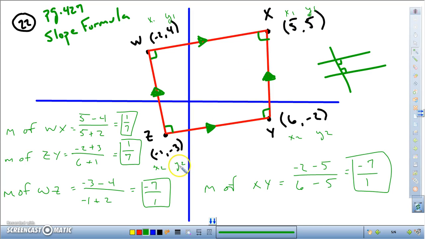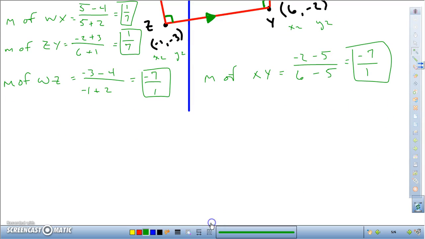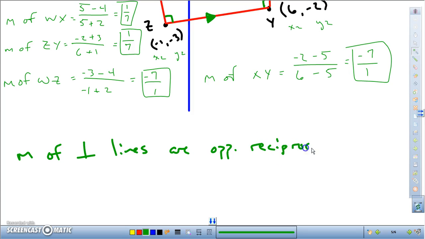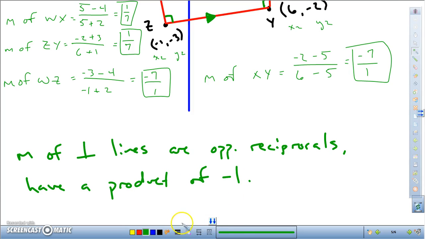How do I use slope to make this determination? I know that the slopes of perpendicular lines are opposite reciprocals, which means they have a product of -1. This is the information I'm going to use to determine whether or not I have 90-degree angles here.